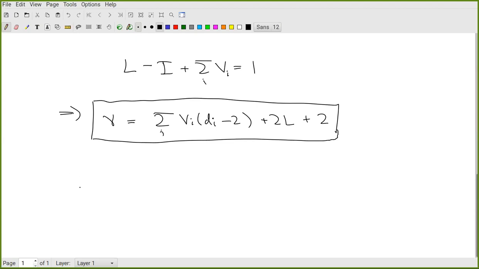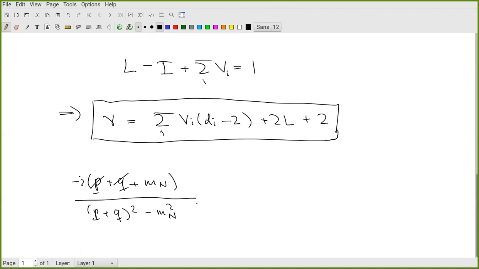The nucleon is a spin 1/2 fermion, and the propagator looks something like this: P slash plus Q slash plus M nucleon, divided by (P plus Q) squared minus M nucleon squared. And so what is this? P is the nucleon momentum, and Q is some kind of pion momentum.